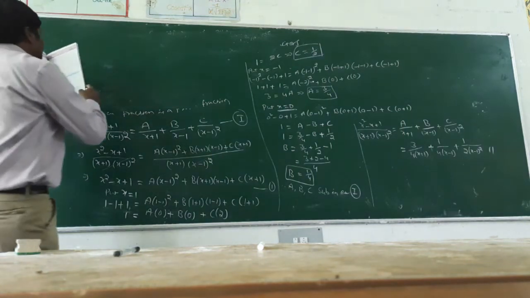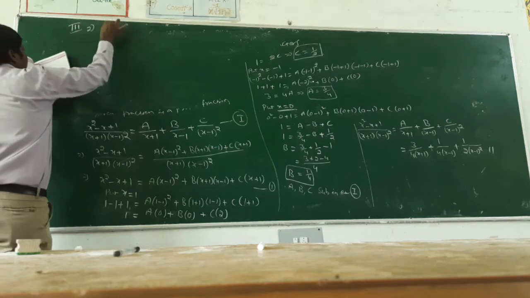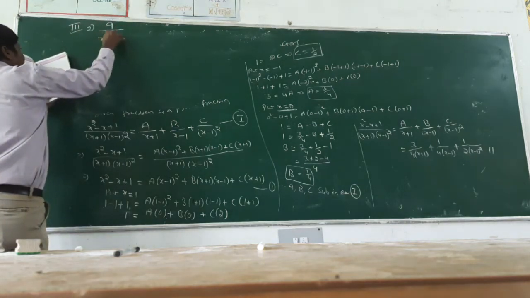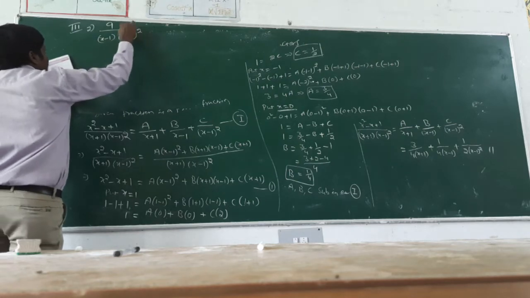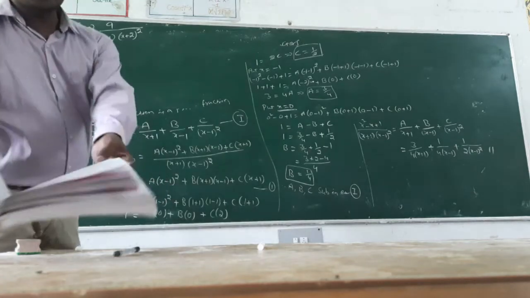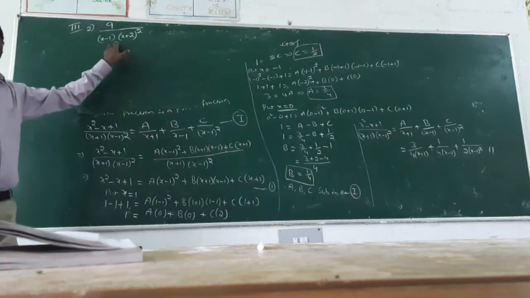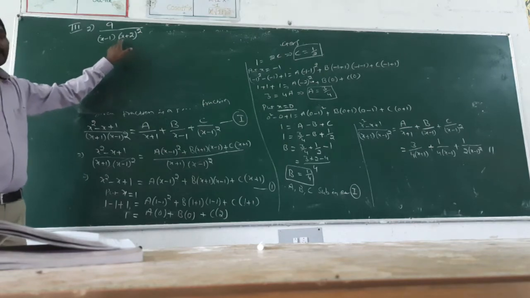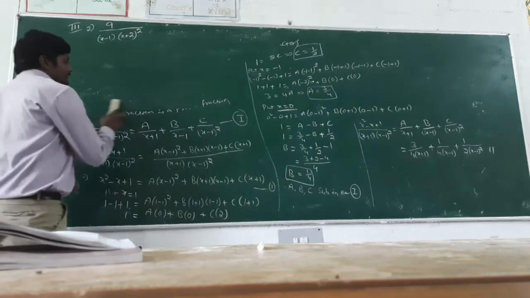Roman number 3, second problem: 9 by x minus 1 into x plus 2 whole square. This is also the second type. Here x minus 1 is a non-repeated linear factor and x plus 2 is a repeated linear factor.